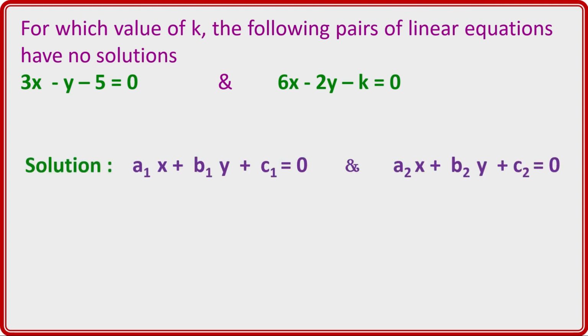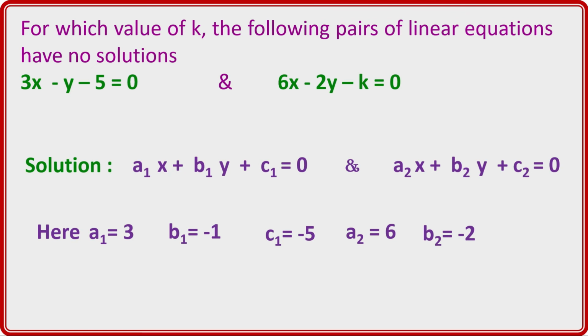The standard equation is like this: a1x plus b1y plus c1 is equal to 0. a2x plus b2y plus c2 is equal to 0. Here the value of a1 is 3, value of b1 is minus 1, value of c1 is minus 5. Again, value of a2 is 6, value of b2 is minus 2, value of c2 is minus k.